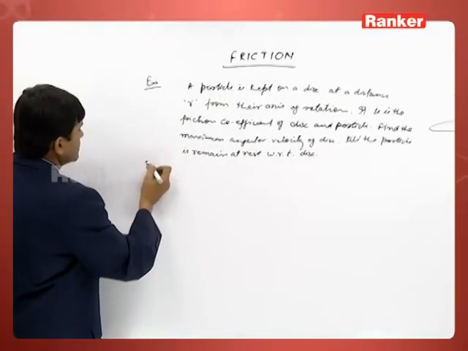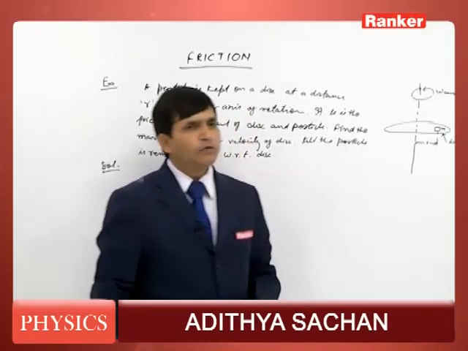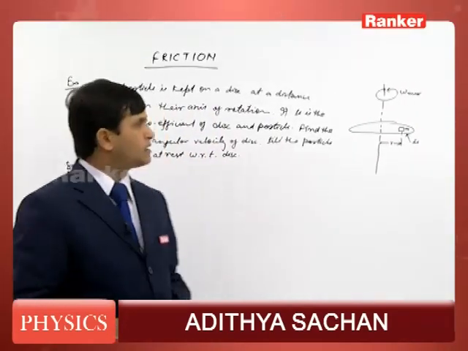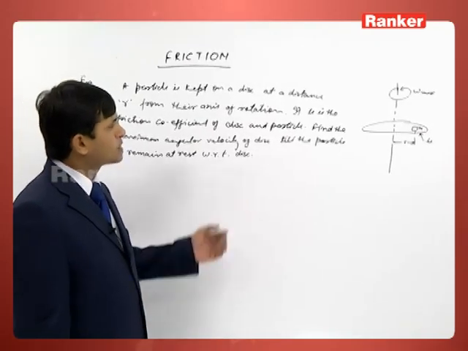So this is the problem here. It means the particle is not moving with respect to the disk. We have to find the maximum value of the angular velocity of the disk.